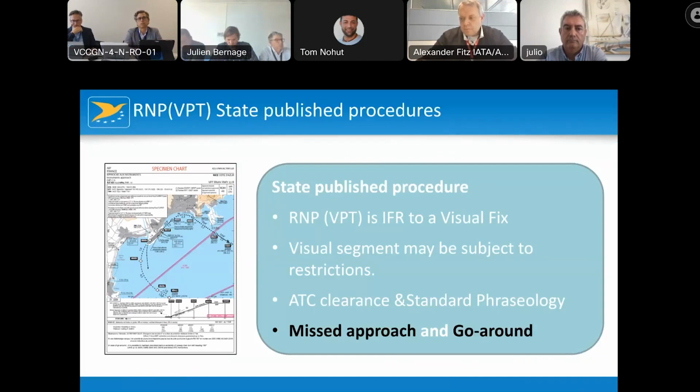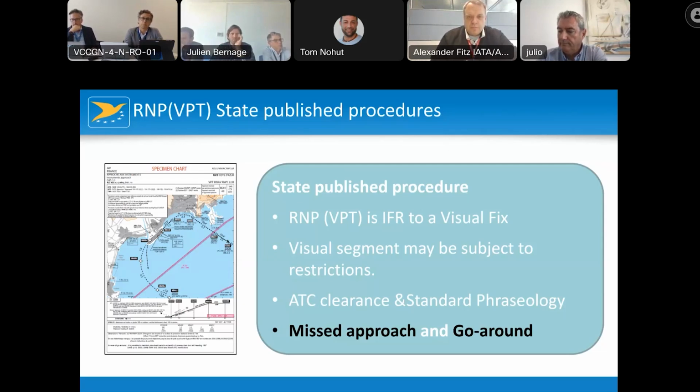Some details about the state published procedure. The RNP VPT is an instrument flight procedure, an instrument approach, but with a visual point, a visual fix. From then on, you move into the visual segment. Although you are visual, it may be subject to restrictions, so you will need to read the notes of the chart.